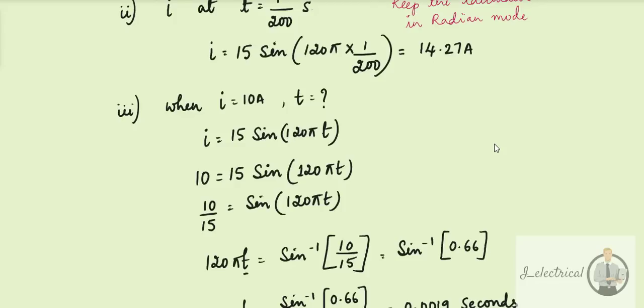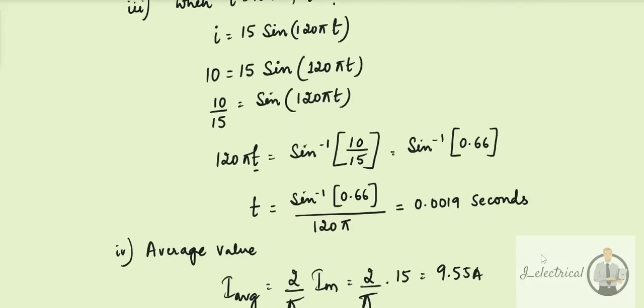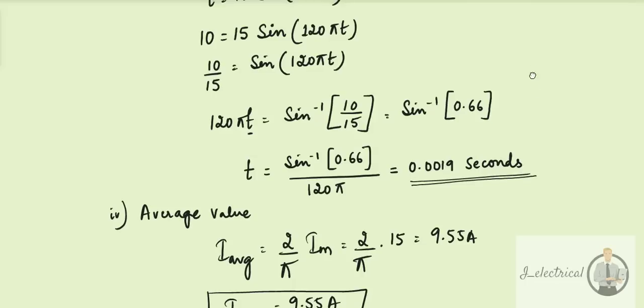Again I used the instantaneous value equation, did all the simplifications, and finally we get 0.0019 seconds. That means the current requires 0.0019 seconds to reach from 0 to 10 amps.